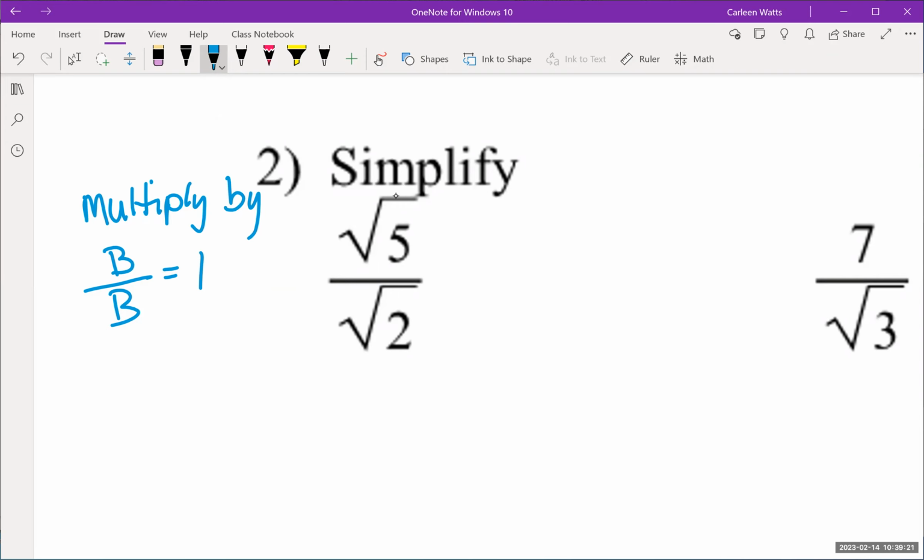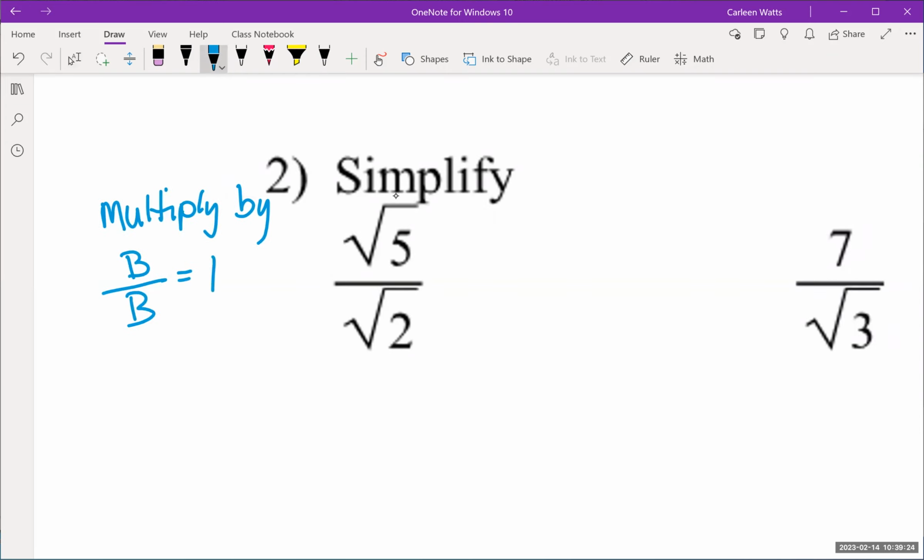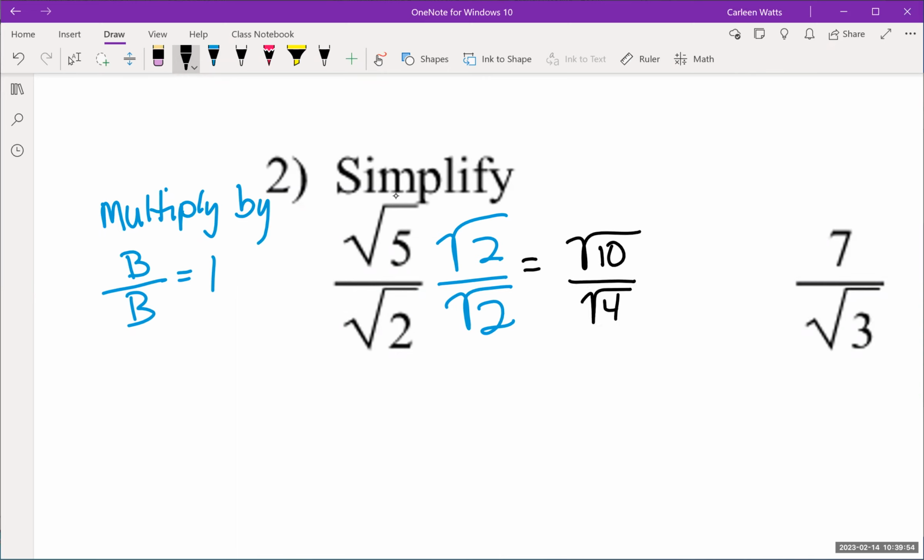So what do I mean by bottom over bottom? We're going to take rad 2 over rad 2. The whole goal is to get rid of the radical in the basement. So we have inside and inside, rad 10 over rad 4.